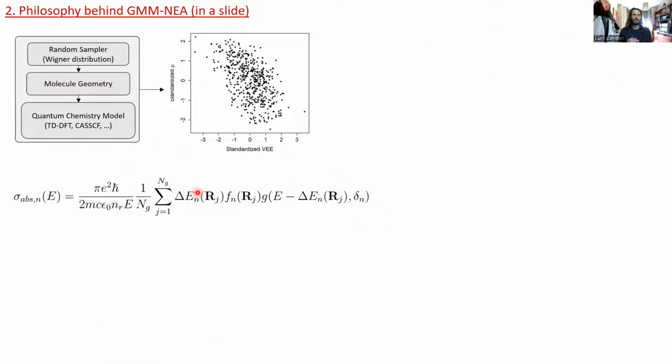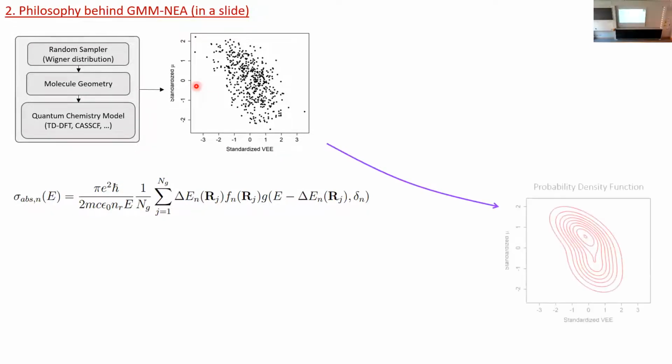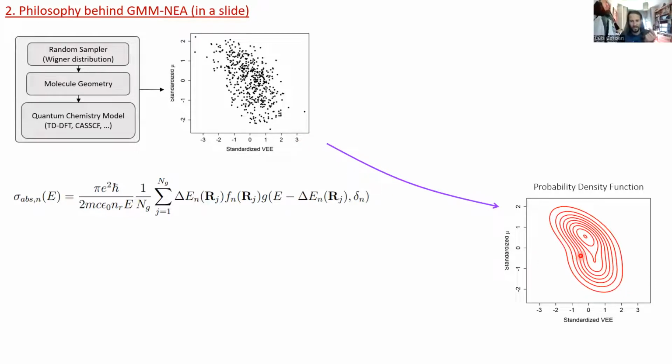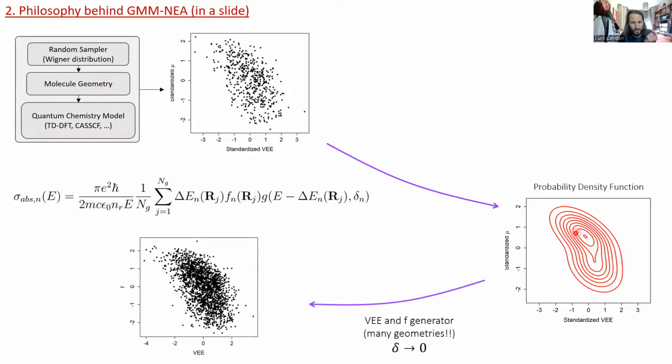Our initial hypothesis is that once you have your quantum chemical computations and you have your values for the vertical excitation energies and dipole moments, if you could know the probability density function underlying these points, then you can use the statistical properties of the PDF to sample new values of excitation energies and oscillator strengths, in such a way that you can somehow simulate thousands of new geometries and values of transition energies and oscillator strengths.